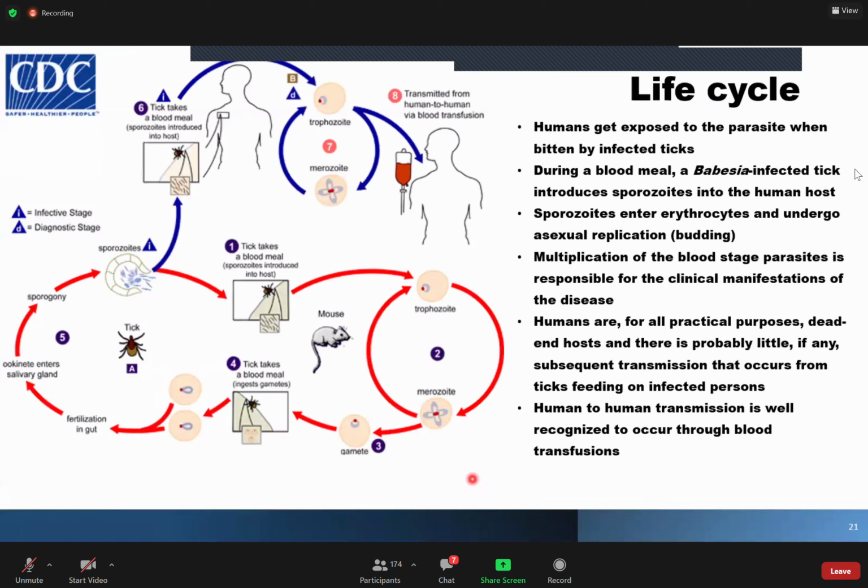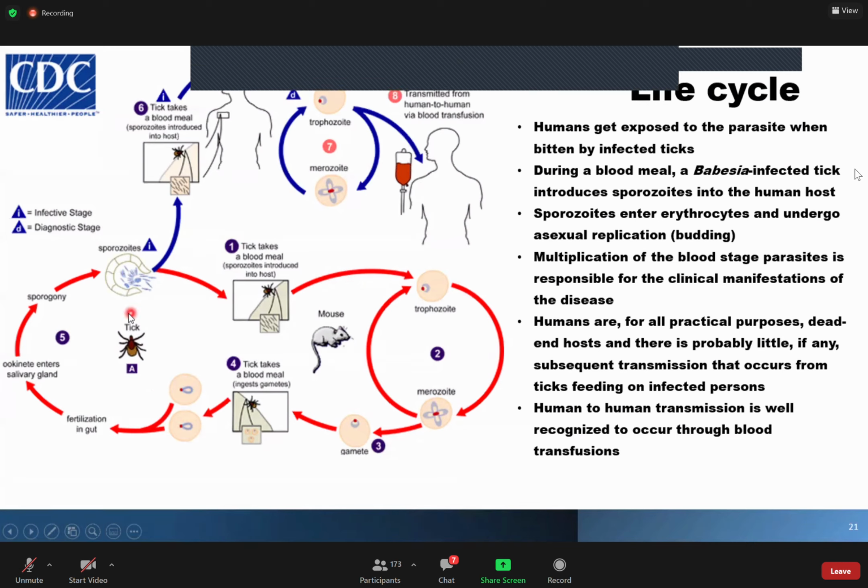Now, what is the life cycle like? Just like with Toxoplasma, humans are not the usual intermediate host. So the red arrows show you what happens when you have the normal definitive host and the normal intermediate host interacting. The tick is the definitive host for the parasite, while the mouse is the intermediate host.